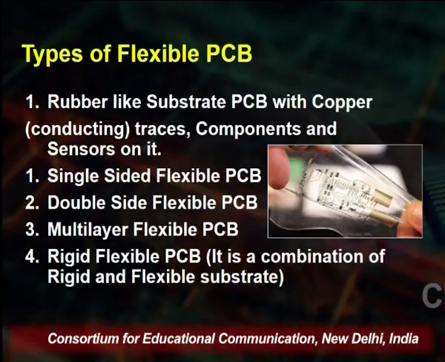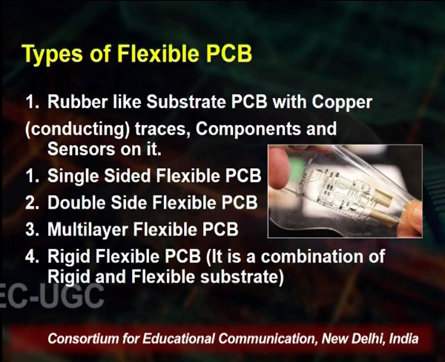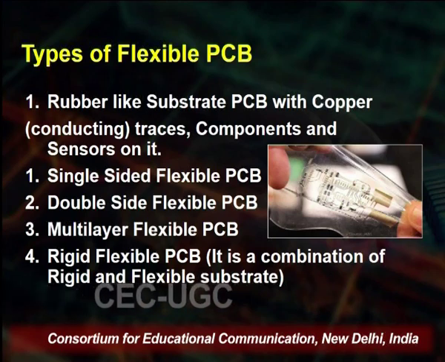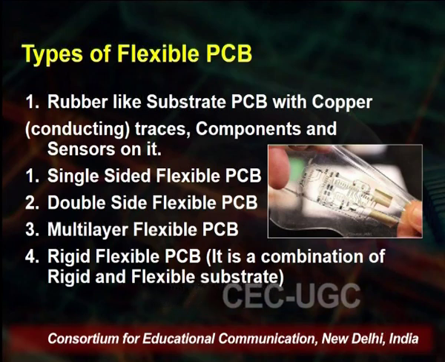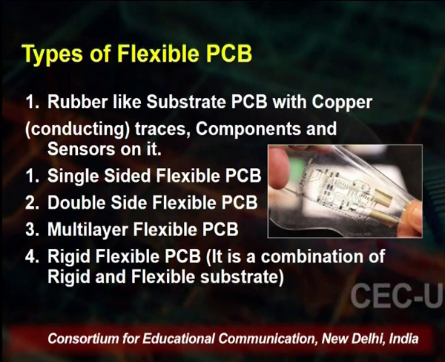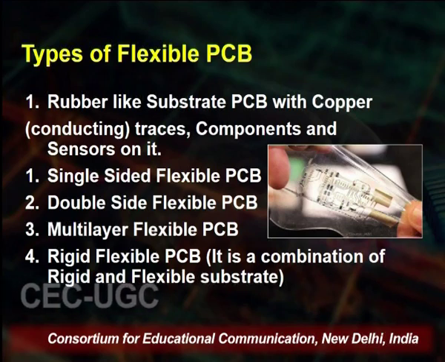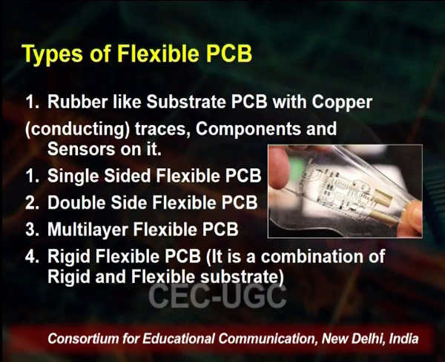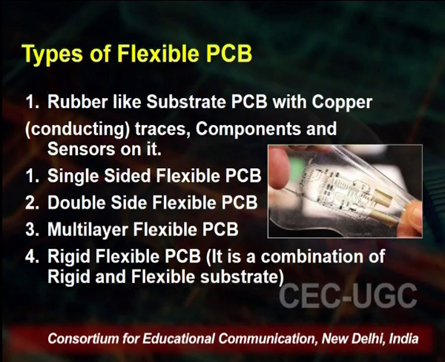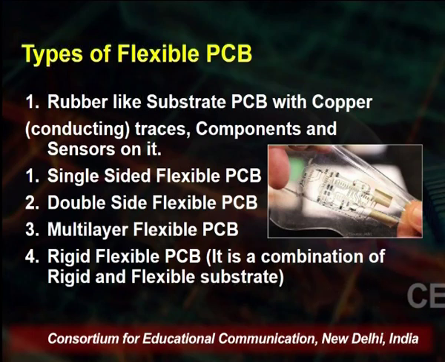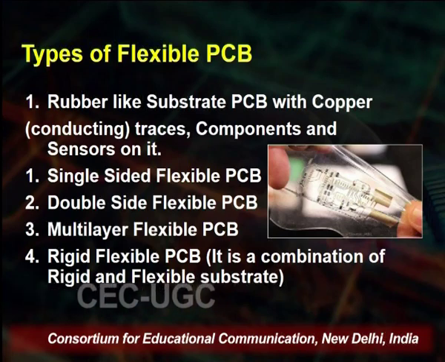We categorize them into various types: a rubber-like substrate with copper conducting traces, components and sensors on it. So this is the single sided flexible PCB. Second is the double sided flexible PCB, third is the multi-layer flexible PCB, and fourth is the rigid flexible PCB, which is a combination of rigid as well as flexible substrate.